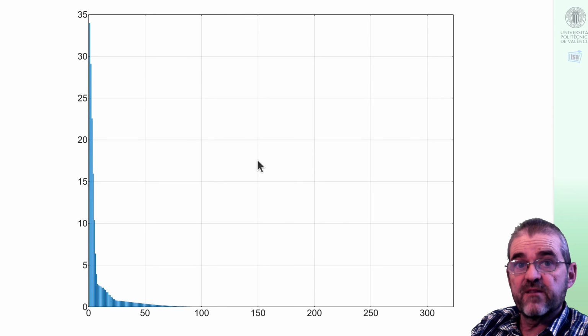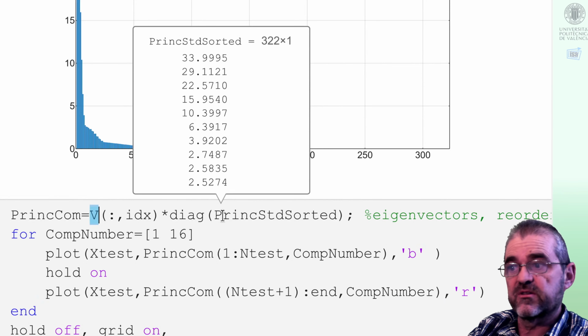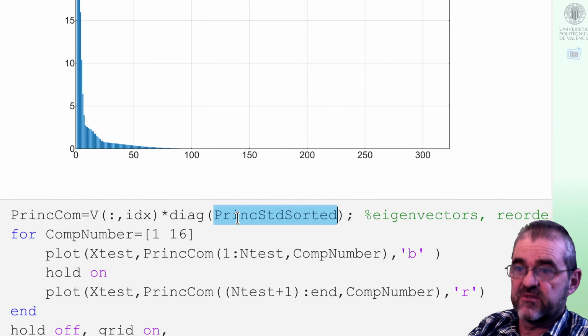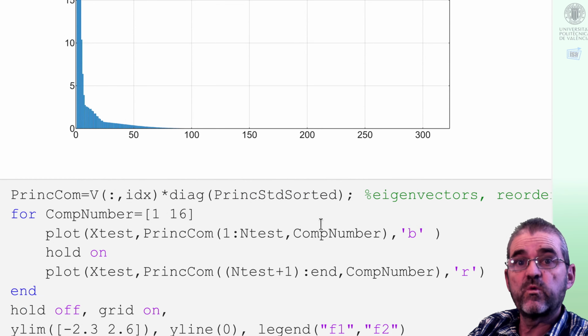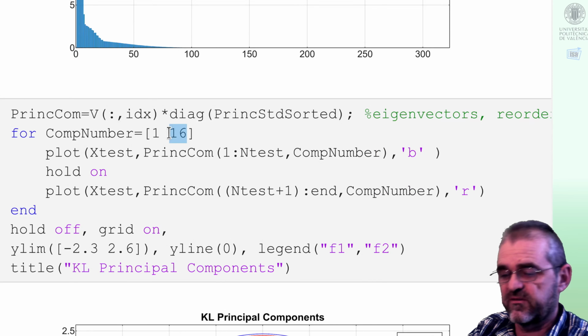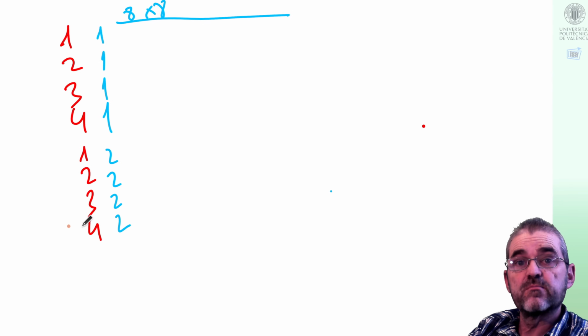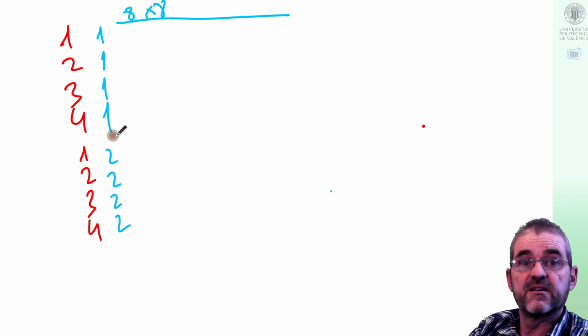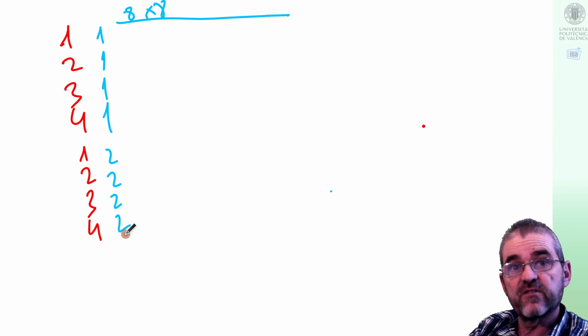So what is the meaning of these components? Well, if I plot the eigenvector times the component amplitude, then we will be able to understand the meaning. I will start with the first component, and then, as I was stacking my samples in the covariance matrix like this, the first half corresponds to things associated to label 1, the first function, and the second half was associated to the second function.